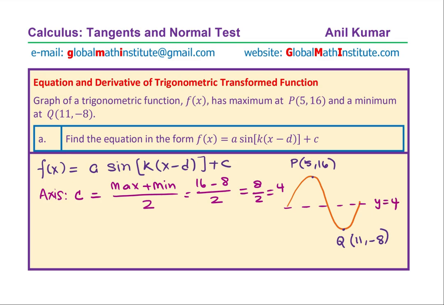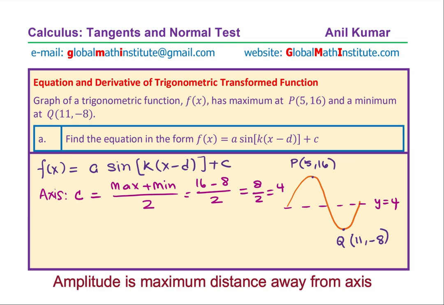Now, let's find the amplitude. Amplitude is the distance from the axis to the peak. So the amplitude A will be equal to 16 minus 4, which is 12.